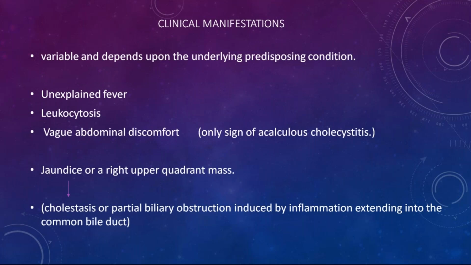So the clinical features depend on the stage at presentation. Any inflammatory phase will have fever. There will be abdominal pain in the right upper quadrant. Jaundice is a sign not seen in every case, but it is an indication which leads you to look for biliary obstruction or something related to biliary disease.